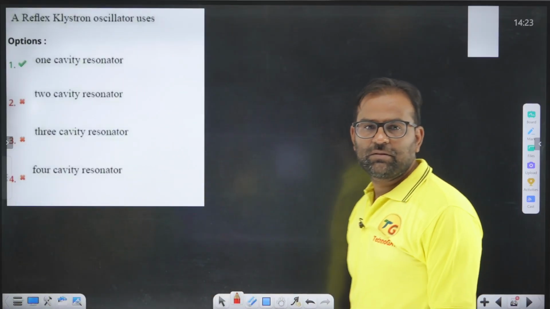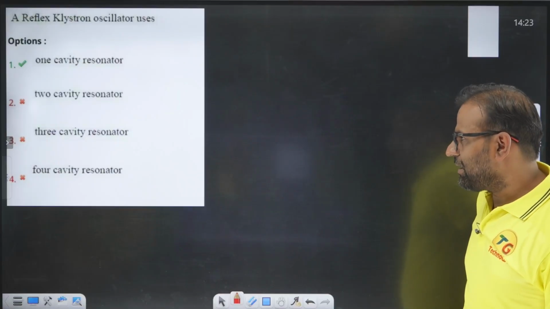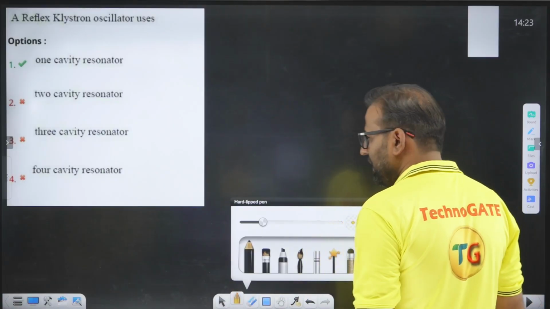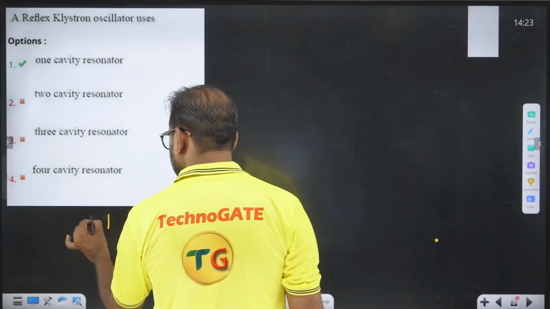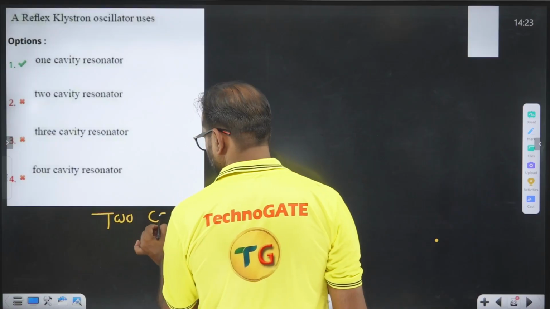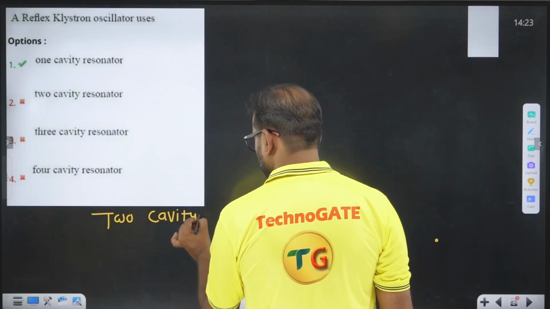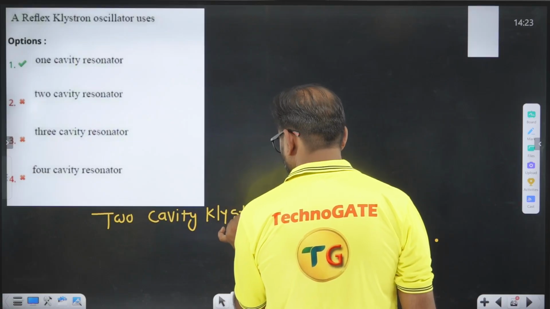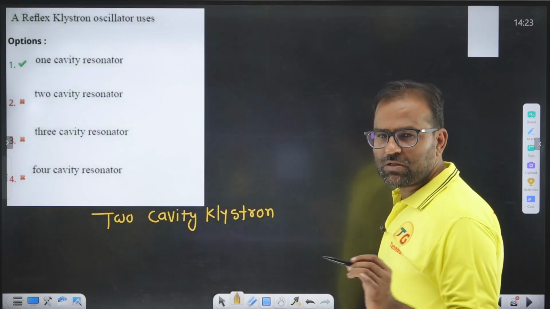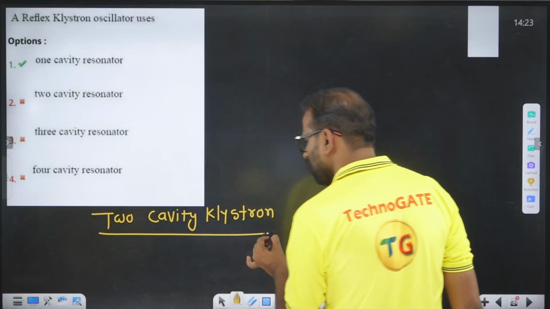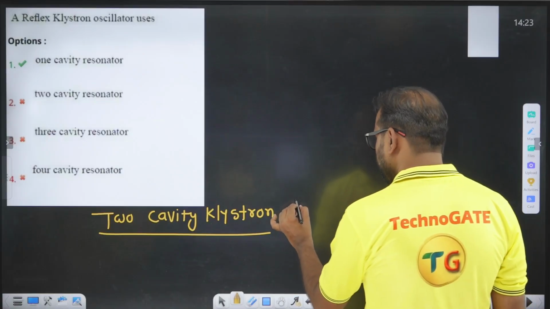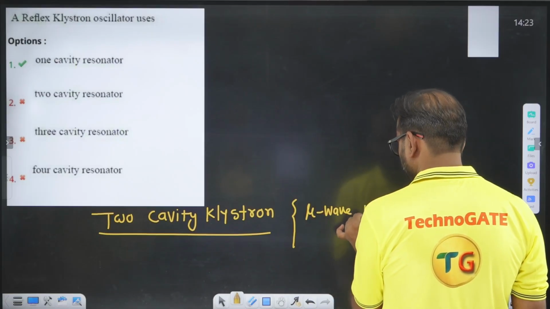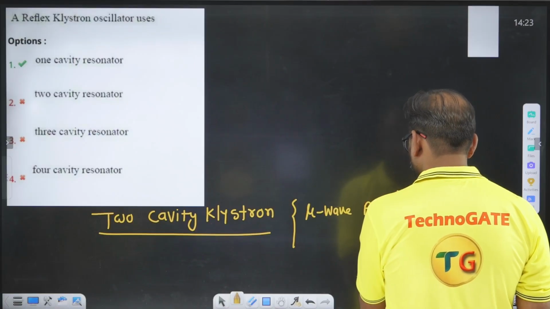Let's go to the next. A reflex klystron oscillator. Always remember, there are two things. One is the two cavity klystron, in which we have two cavities known as the buncher cavity and catcher cavity. This is known as a microwave amplifier.